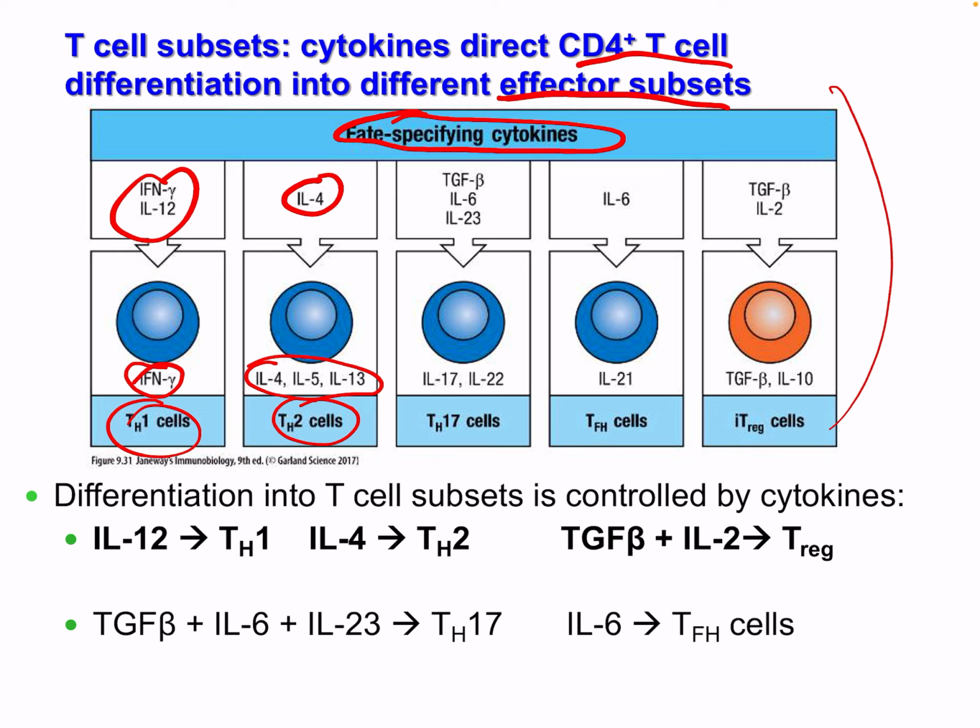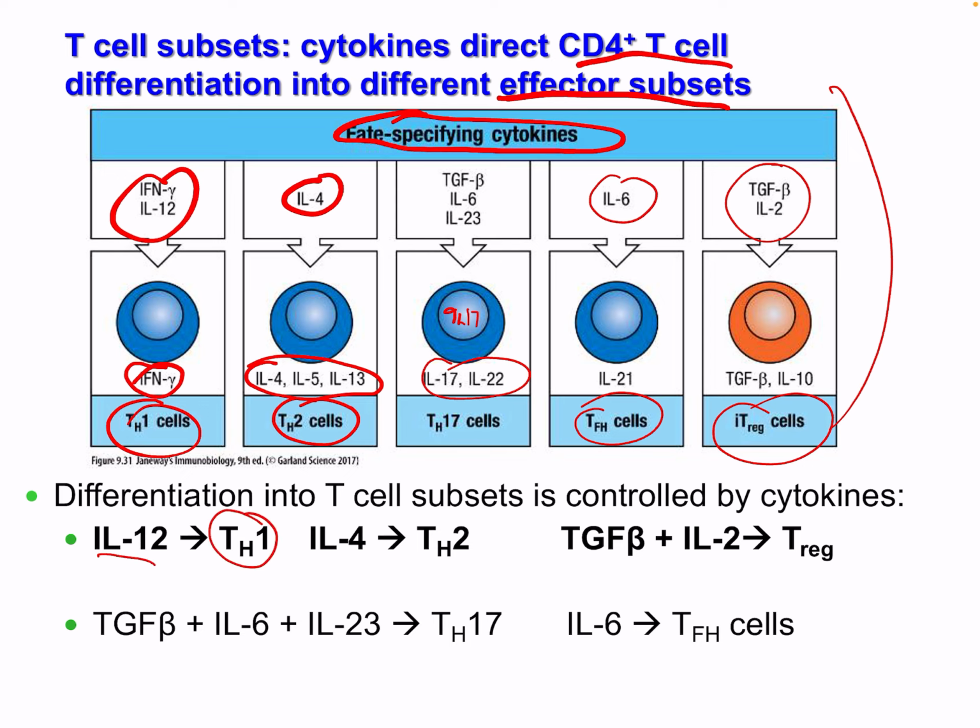So this is where we now have our Th17, and these are the signature cytokines above here. IL-6, which you'll see a lot in the literature, stimulates T follicular helper cells. We have our TGF-beta, IL-2, Treg cells. So essentially, this just sums it up.